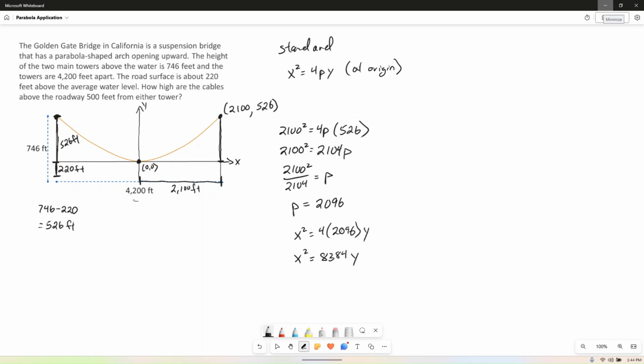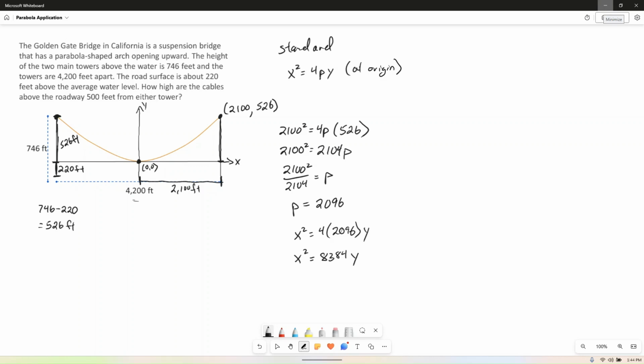So that is the standard equation for our parabola with its vertex at the origin. And hopefully that is the parabola equation that describes the curvature of the shape of the suspension cables for the Golden Gate Bridge. Okay, but we're not done.